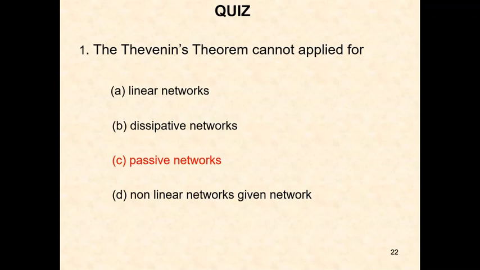If a voltage source is not there in a circuit, then we cannot apply Thevenin's theorem. So it cannot be applied for passive networks.